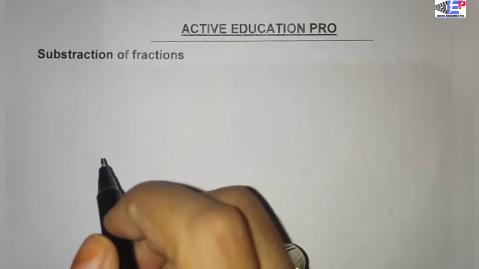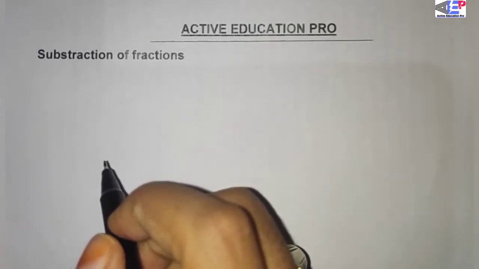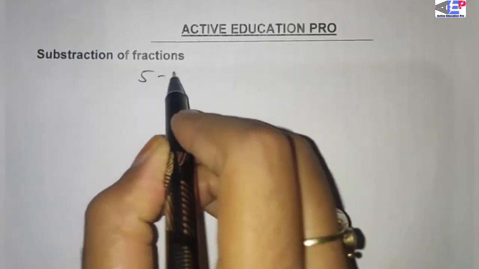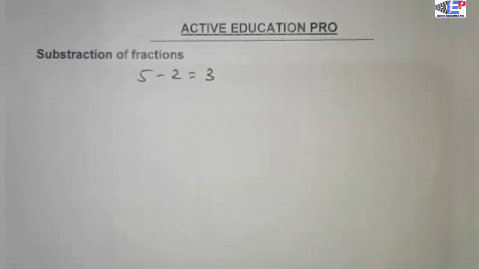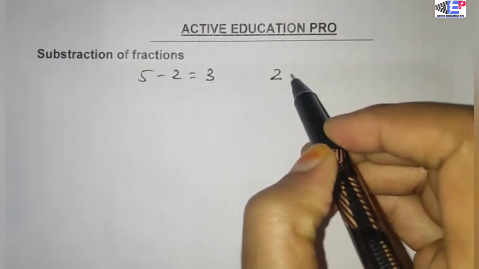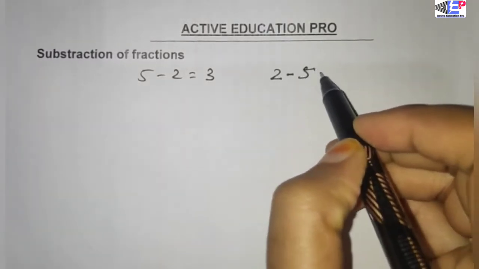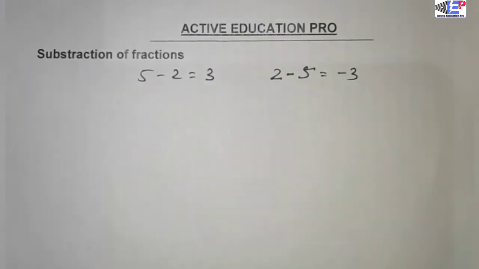First, we take the example of like fractions. We subtract a smaller number from a greater number, as you know very well. 5 minus 2 is equal to 3. There is a chapter in class 6 named Integers. You will read in this chapter about positive and negative integers, so that you can subtract a greater number from a smaller number, which equals a negative integer, minus 3.